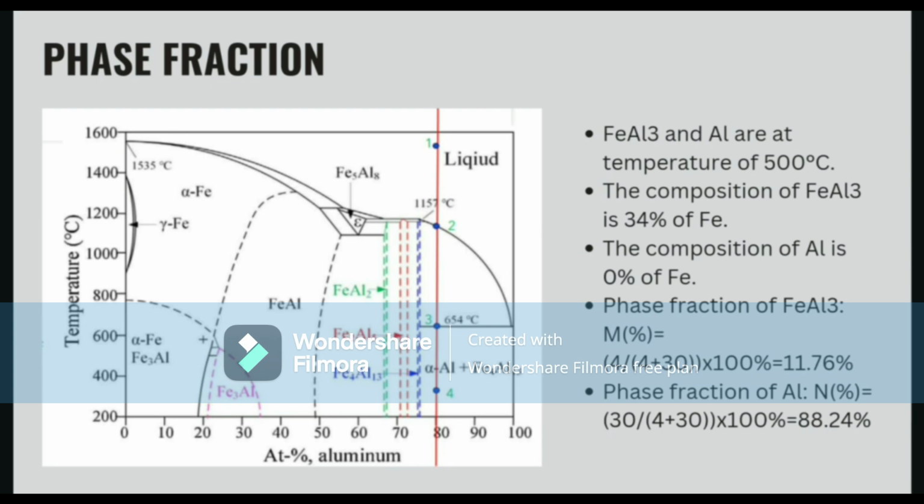After we have calculated based on the given data for FeAl3 and aluminium, we can see that at 500 degrees Celsius, the FeAl3 phase constitutes approximately 11.76% of the total mass of the alloy, while the Al phase makes up approximately 88.24%.